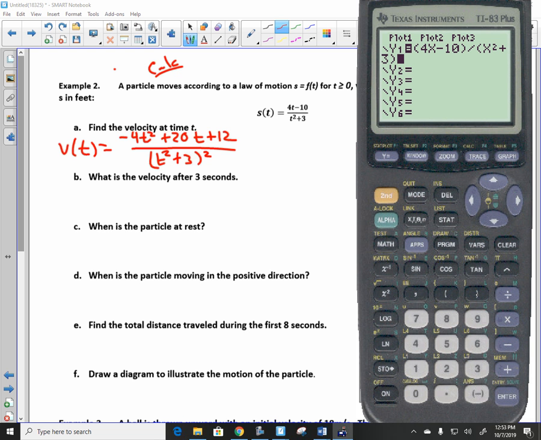I'm going to enter the derivative into y2: (negative 4t squared plus 20t plus 12) divided by (t squared plus 3) quantity squared.